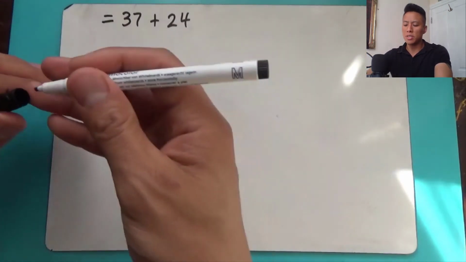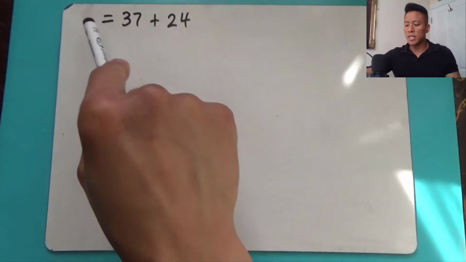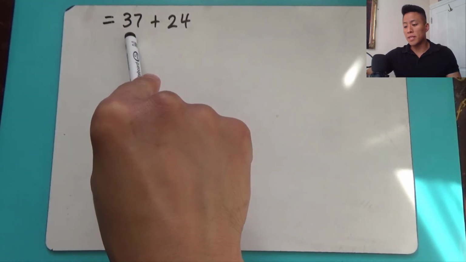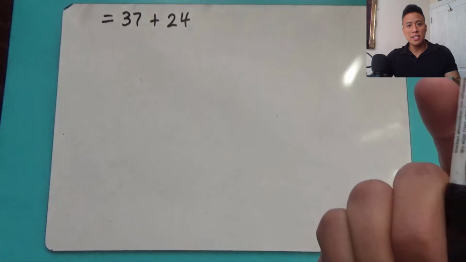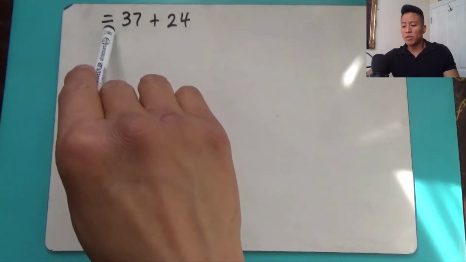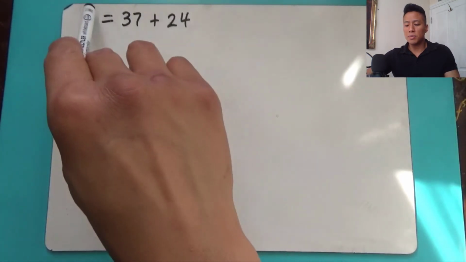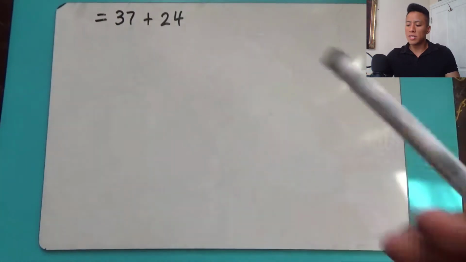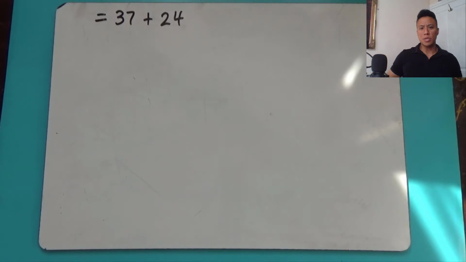It doesn't matter which side this number sentence is on, whether it's on this side of the equal sign or the other side, because whatever is on this side is going to be the same as whatever is on this side. So 37 plus 24. Let's use a number line to work this out.